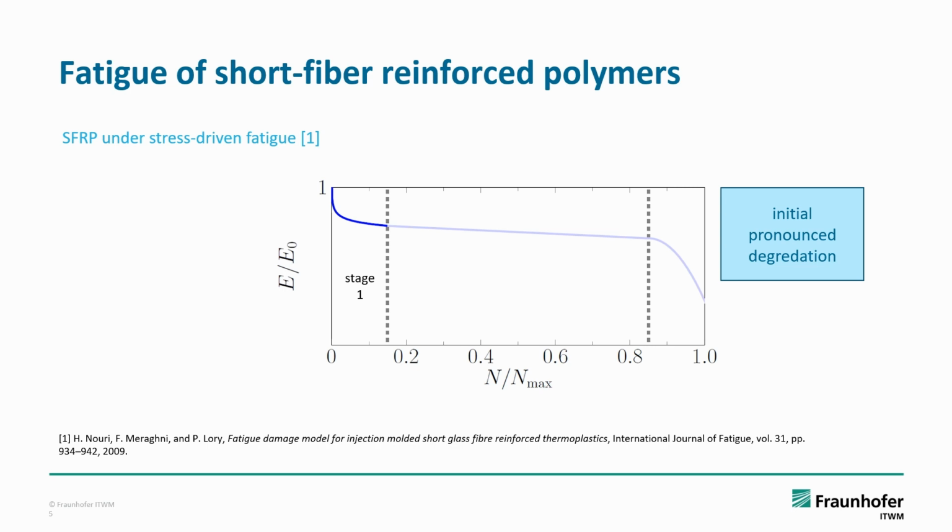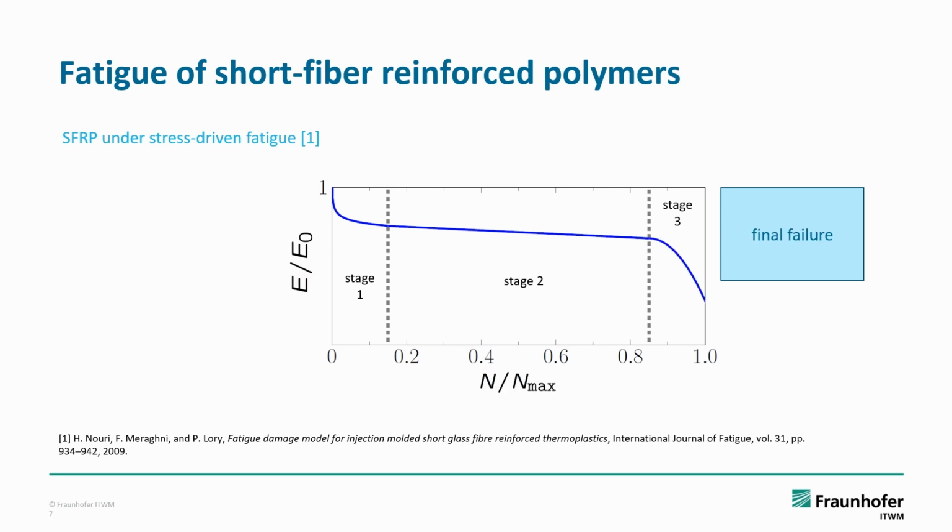So we will see that starting from an elastic property, for example, the Young's modulus E0, in the first stage, we get a rather pronounced degradation, taking not too much of the fatigue life of the specimen. Then we enter a second stage where we have a moderate degradation over a long time. And in a third and final stage, we will see the failure of the specimen.